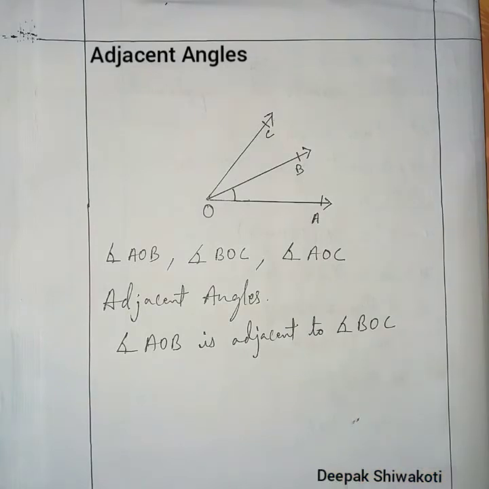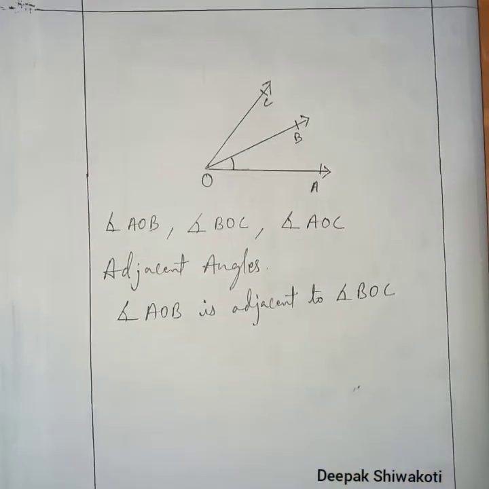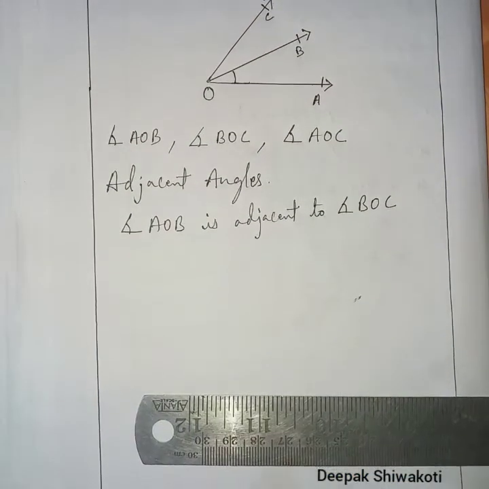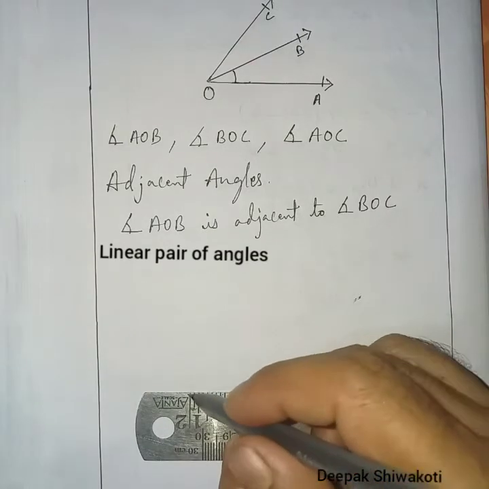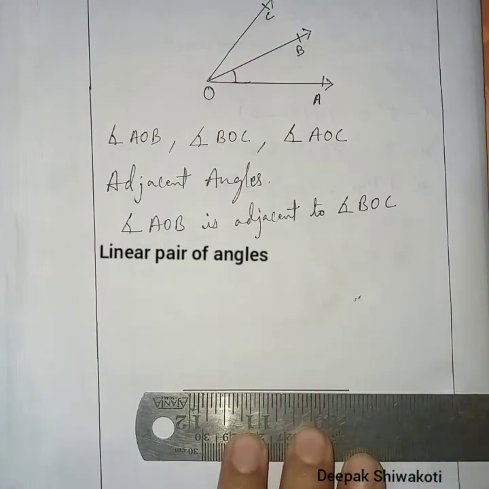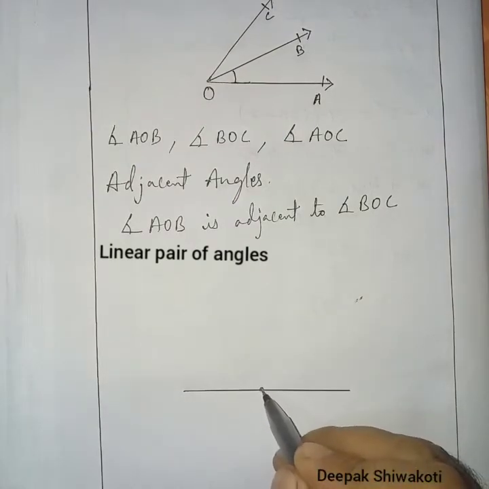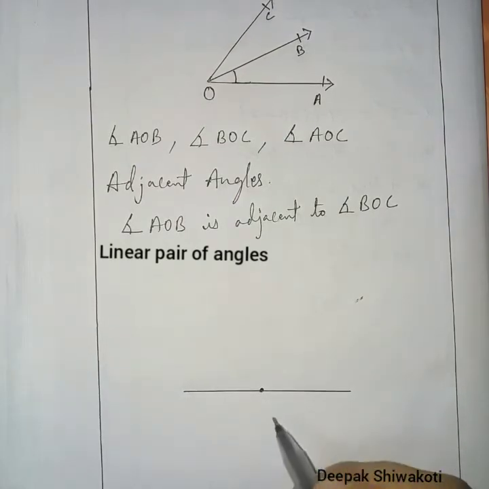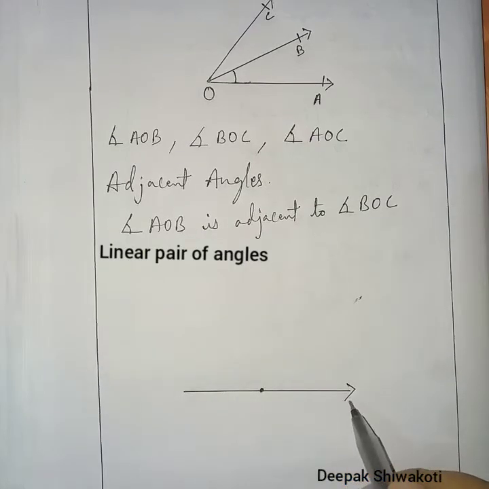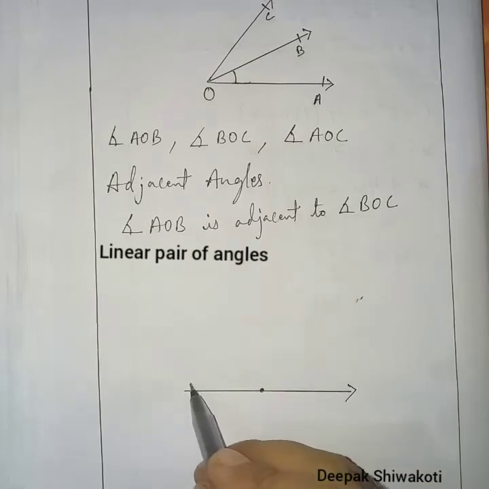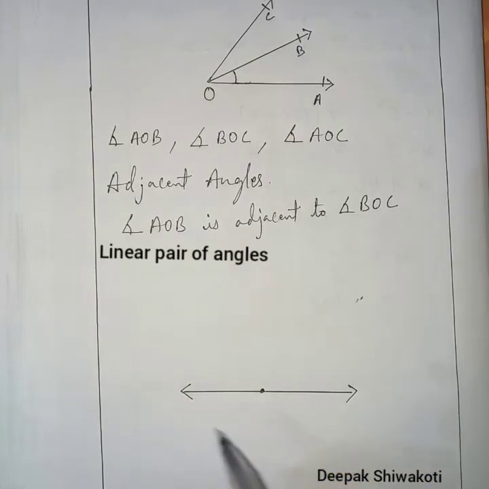Now next is linear pair. Linear pair means, first let us draw one figure here. This is a straight line. Think that here is the point of origin, and on this side one ray is going, and on this side another ray is going towards this direction.